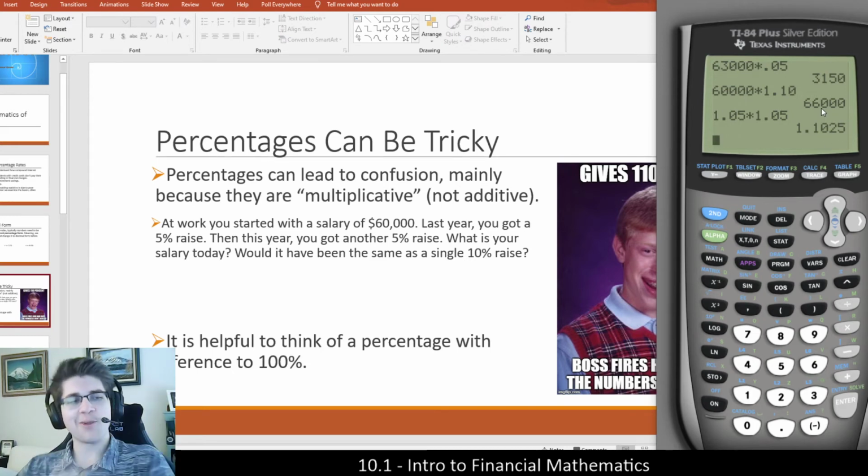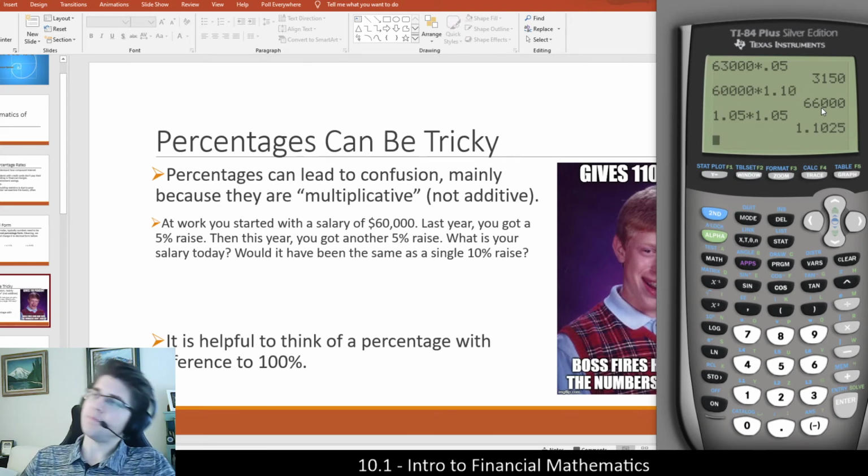Oh, and this is the point I wanted to make: this is the idea of what compounding means. And when we refer to compound interest next week in some of the formulas, it works a little different than basic percentages, because let's say that I have a savings account or a loan, and every month there's a certain interest rate that's applied to it. But an interest rate is just a percentage which will multiply into our account, just like this example.